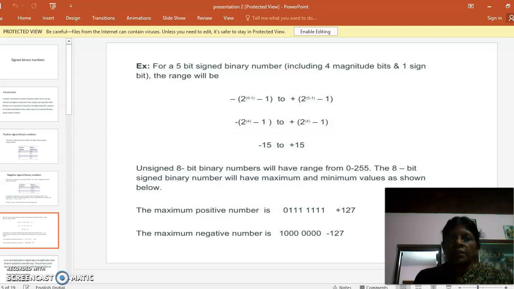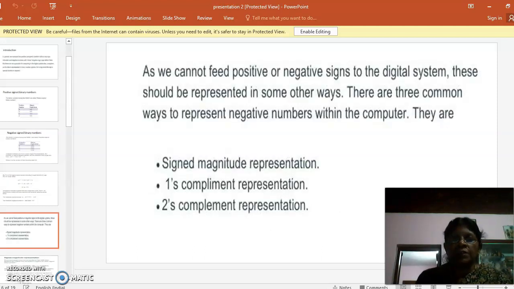And unsigned 8-bit binary numbers will have a range from 0 to 255. The 8-bit signed binary number will have maximum and minimum values as shown below. That is, the maximum positive number is plus 127 and the maximum negative number is minus 127.